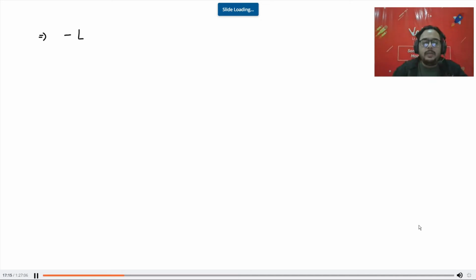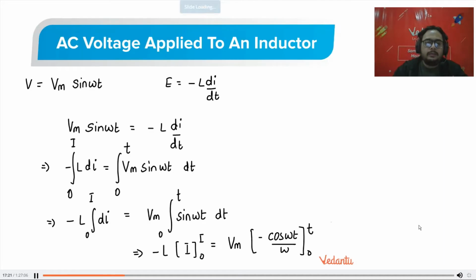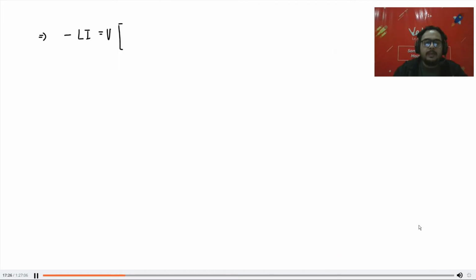So you are going to get minus Li is equal to Vm into minus cos omega t by omega, with limit from 0 to t.